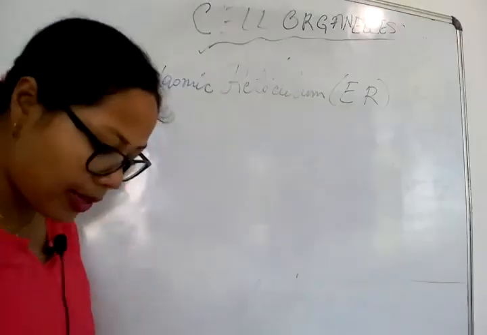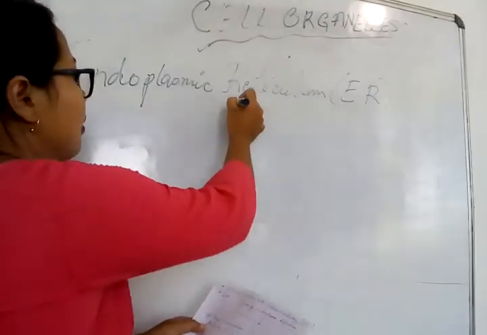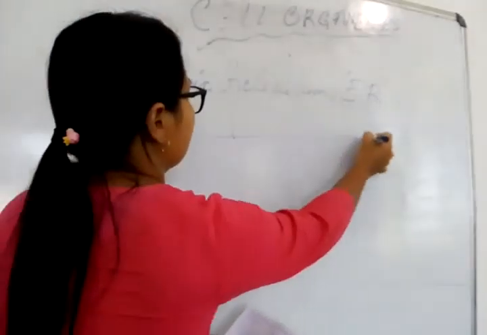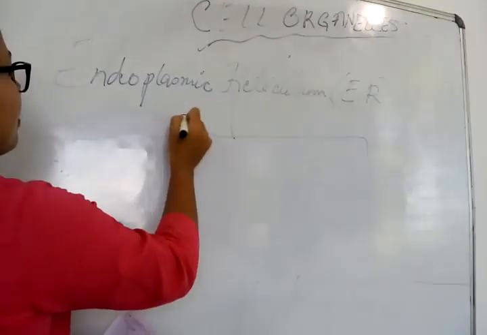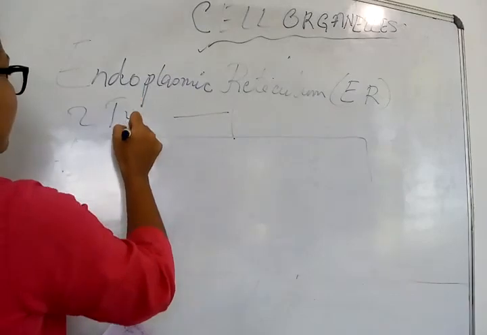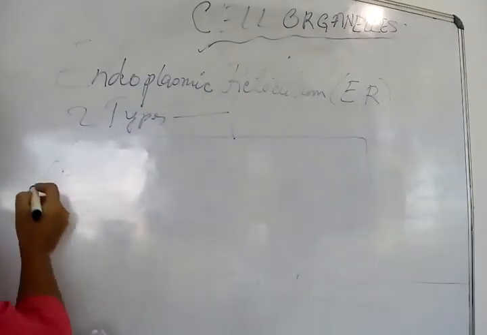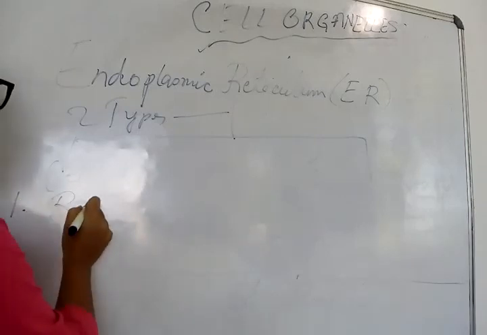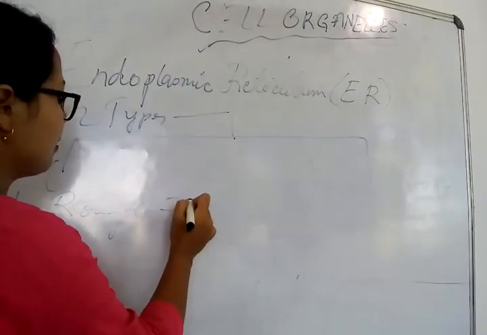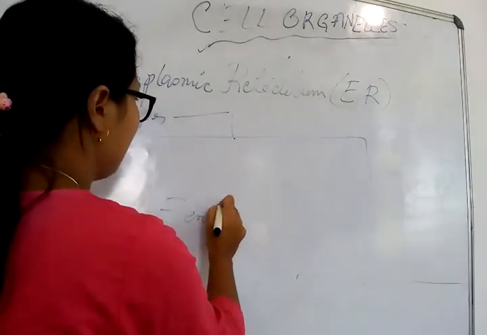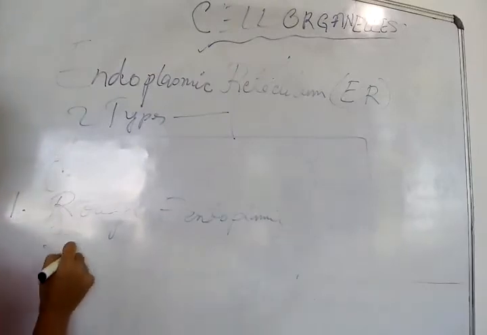Now, the endoplasmic reticulum is of two types. Two types of endoplasmic reticulum. The first one is rough endoplasmic reticulum.